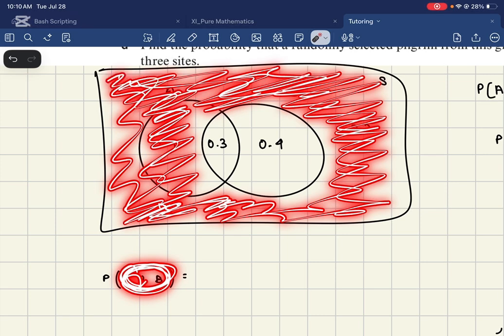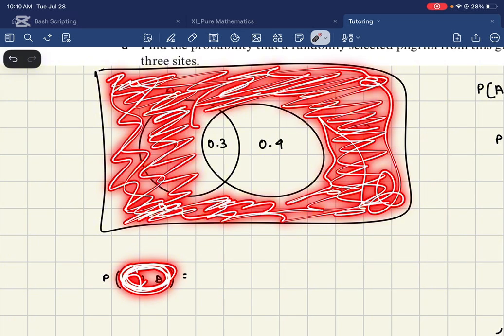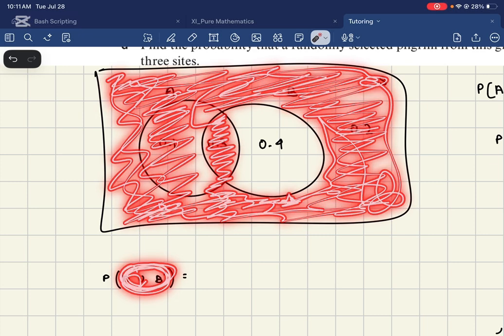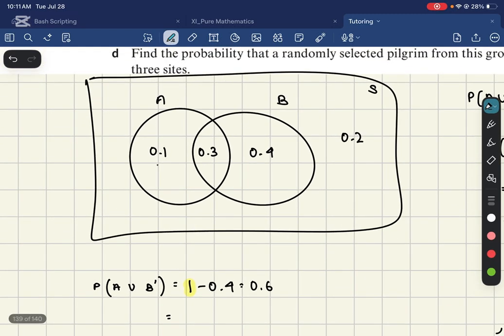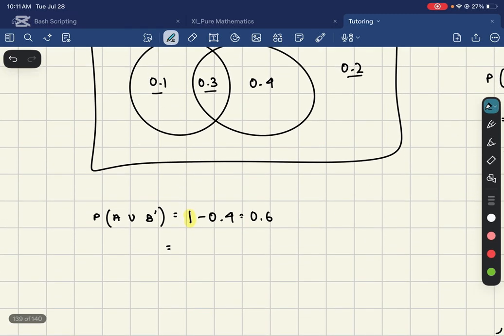So A, most of it is already covered. What part of A do you need to add more? Well, you need to add this 0.3. So basically, you can already see the answer. It's going to be everything minus 0.4. That's one way to do it, right? So it's going to be everything, 1 minus 0.4 to get directly 0.6. That also works. Or you can just add everything else, 0.1, 0.3, and 0.2. So that gives you 0.6 as well.